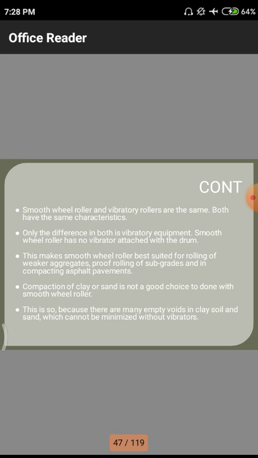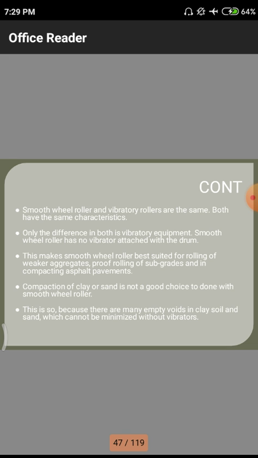Both have the same characteristics, the same vehicle and the same diameter of front roll, tires and others. Only the difference is the vibratory equipment: the smooth wheel roller has no vibrator attached to the drum. Drum means the front wheels and back wheels; we call them drums because they are drum-shaped, made of steel and other materials.